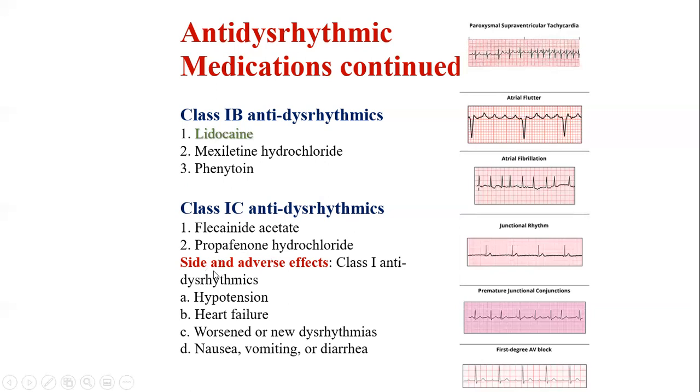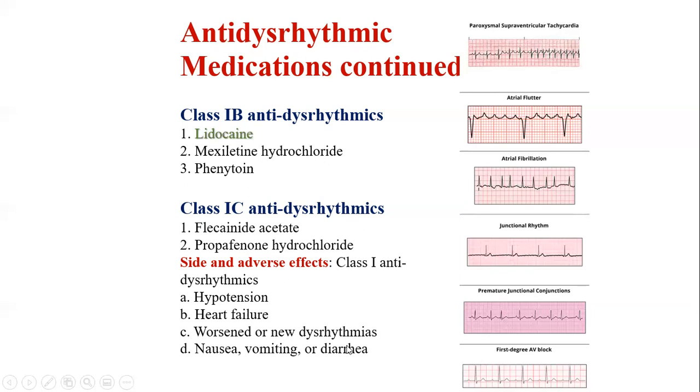The common side effects or adverse effects of class 1 antiarrhythmics are that they can cause hypotension, heart failure, worsening or new dysrhythmias, or they can cause nausea, vomiting, and diarrhea.